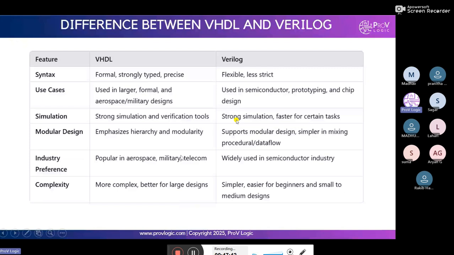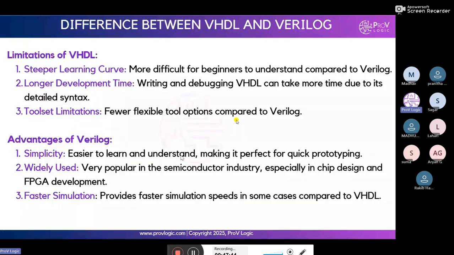So if you see the limitations of VHDL, like the steeper learning curve, which is more complex with longer development time, and toolset limitations, which is not flexible. We cannot design in all tools. But for Verilog HDL, we have a lot of tools. VHDL also we can use in the same tool, but it has some limitations.